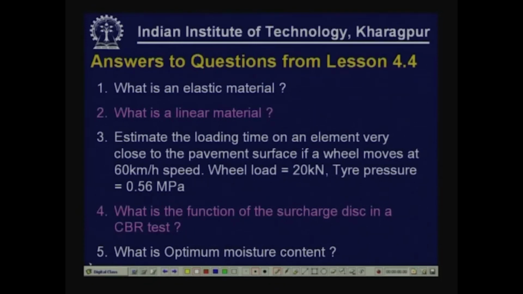I will quickly calculate, assuming that this is the pavement surface, this is the load contact area. I am quickly calculating the radius of load contact area to be, you can check this afterwards, about 106.6 millimeters approximately, and total will be twice this. So, this is the distance to be covered.